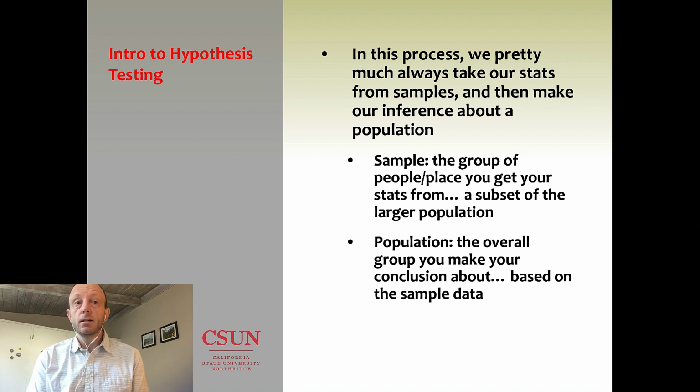But we could try to find a sample of 20 college students at CSUN and then make a conclusion about them and then talk about, okay, does this apply to the population? If there's a finding, a particular statistical result in our sample, does that apply to a population? That's the concept of hypothesis testing that we're after.